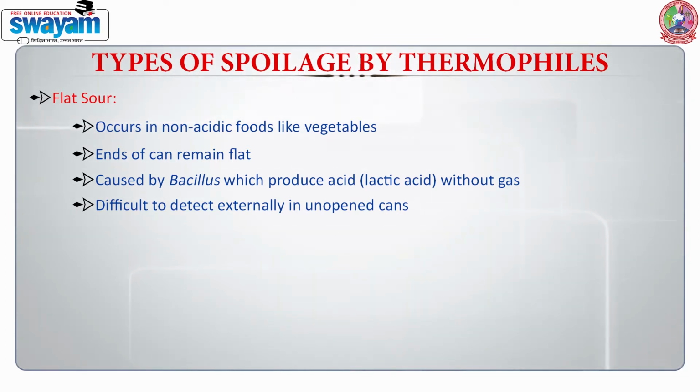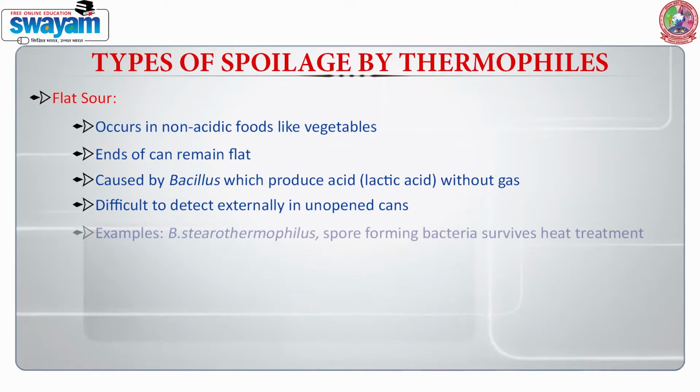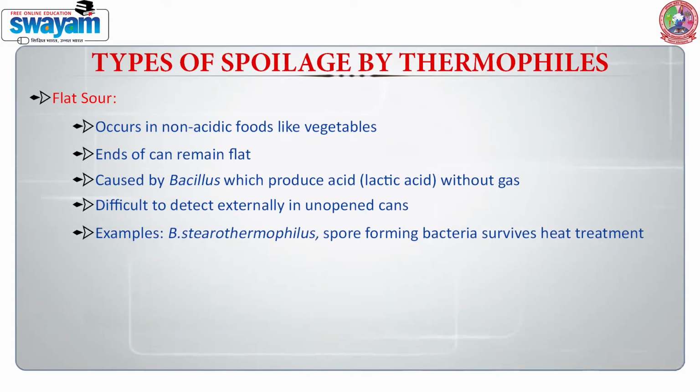Some common microorganisms responsible for this type of spoilage are Bacillus stearothermophilus, which is a spore forming bacteria that can survive high temperature and is able to grow at a temperature of 54 to 60 degrees Celsius.